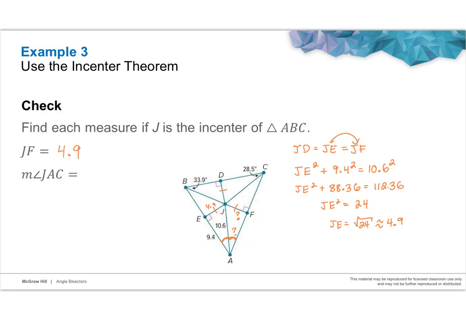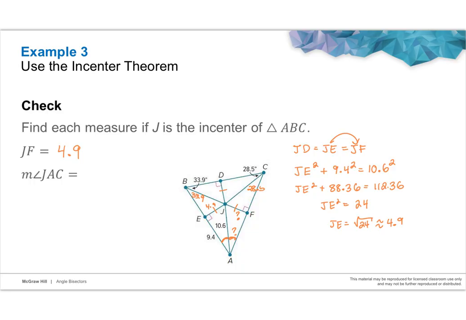Now we need to work out some angle measures. So remember that these are all angle bisectors coming together here at point J. And so if we work our way around the triangle, we get 33.9 in both corners here. We get 28.5 in both corners there.